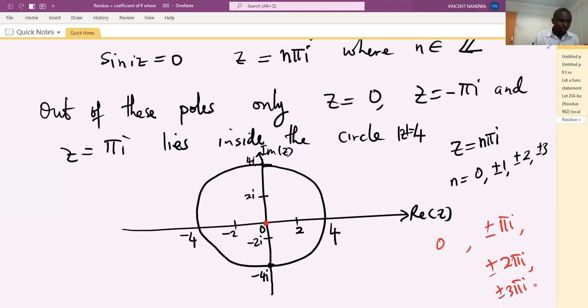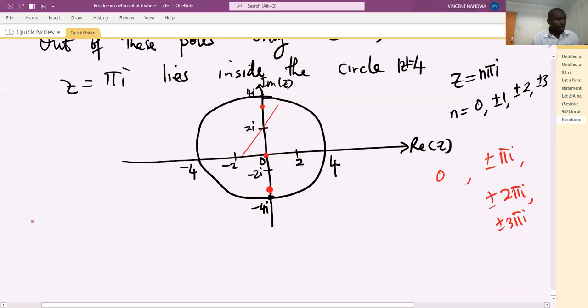So 3.14 times 1 is 3.14, which will be roughly somewhere here, negative and then positive. But when you put twice 3.14, you get 6.28 plus other decimals. So that will be outside the circle. So these points are the only points that lie within the circle of radius 4 units.